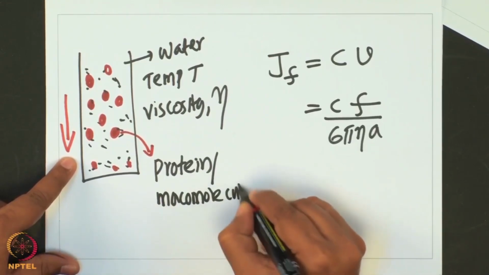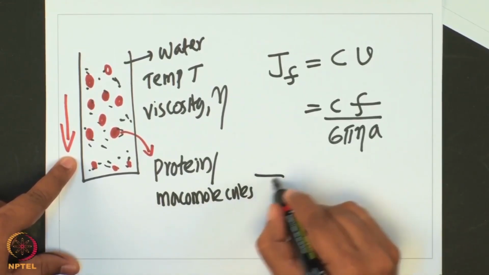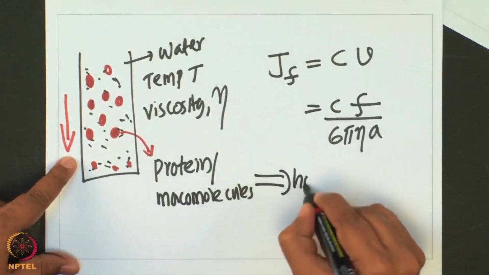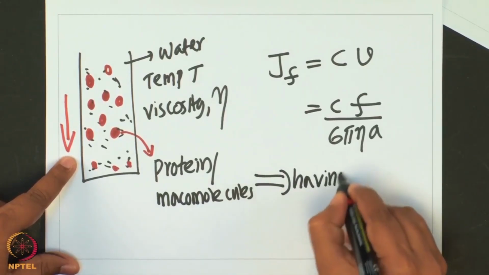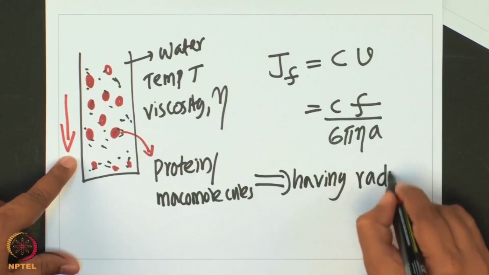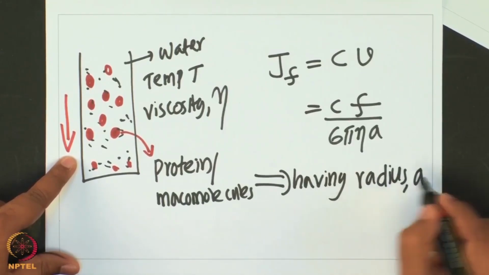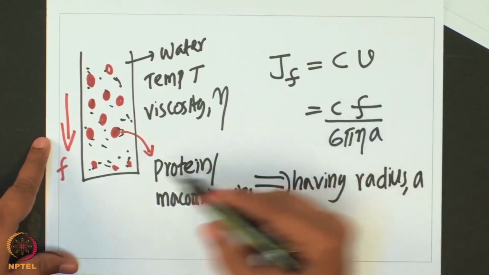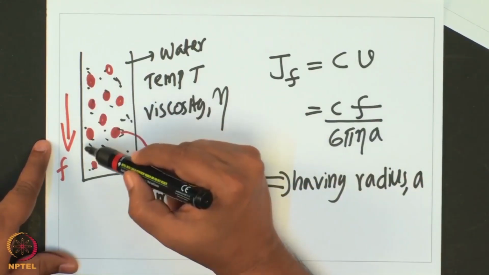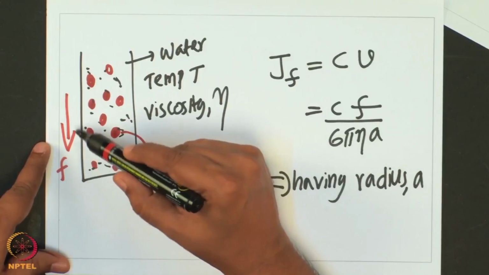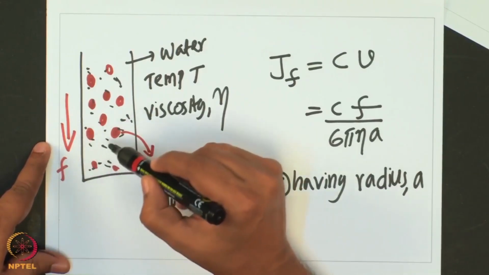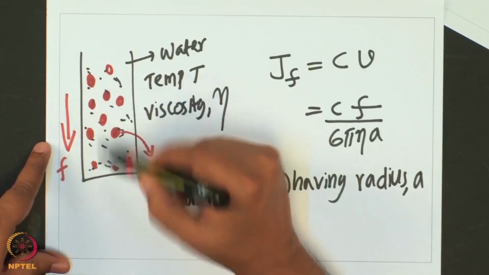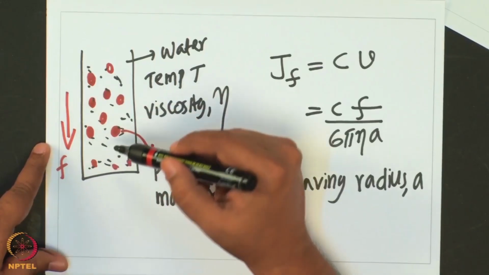It could be a protein or it could be anything: macromolecules having radius A. We assume that they are like spheres, therefore we can say that they will flow down because of the force. The force here is the gravitational force, and because of this gravitational force they will come down.